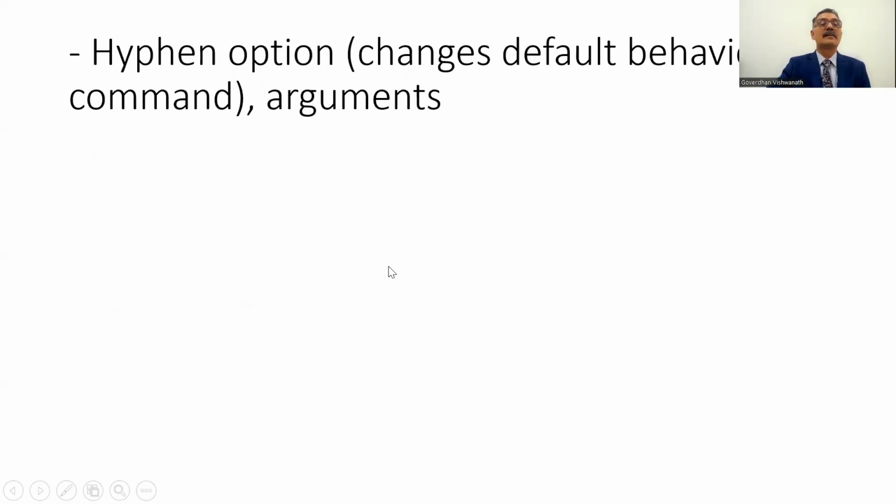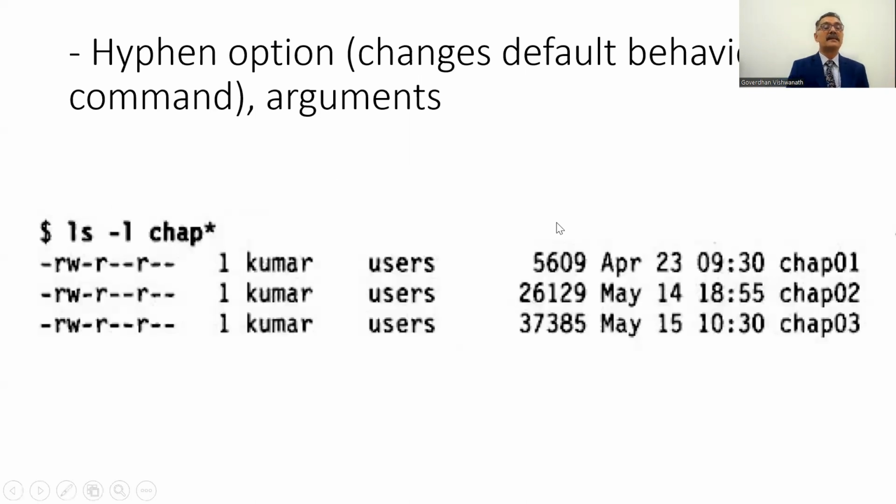There is one more symbol used along with a command, called hyphen. Hyphen is used to change the default behavior of the command. I'll show you. We know ls will list the files.